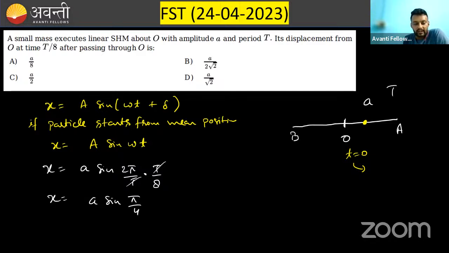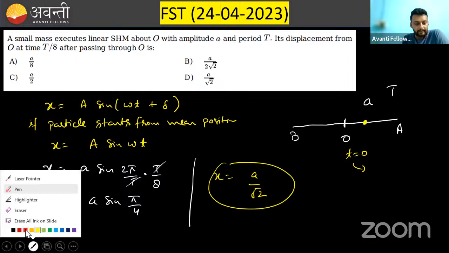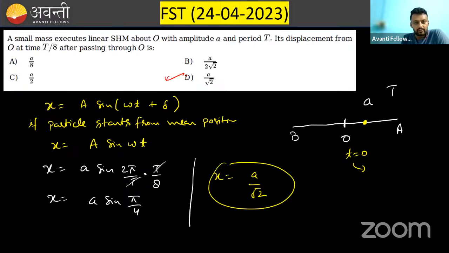Sin pi by 4 is what? Sin 45. Sin 45 is what? 1 by root 2. So x is equal to A by root 2, which is option number D.